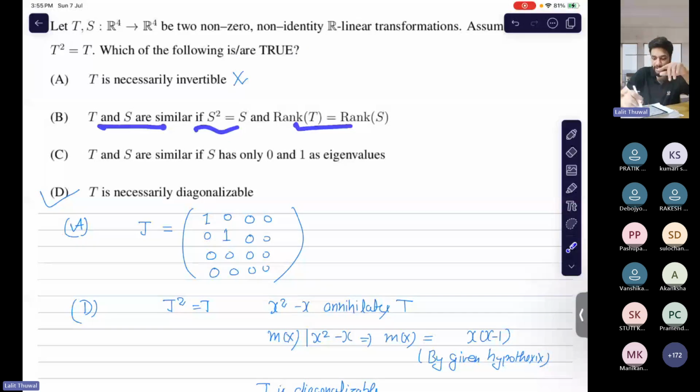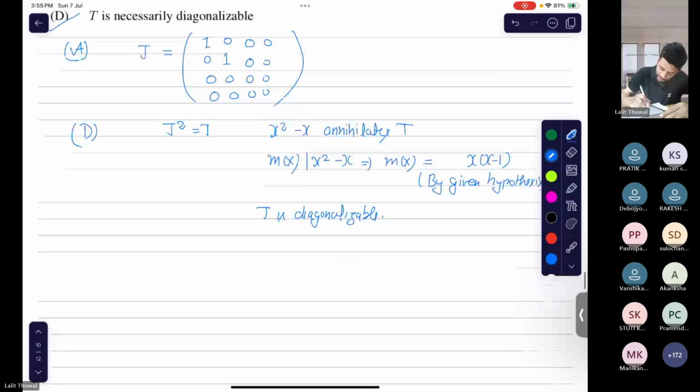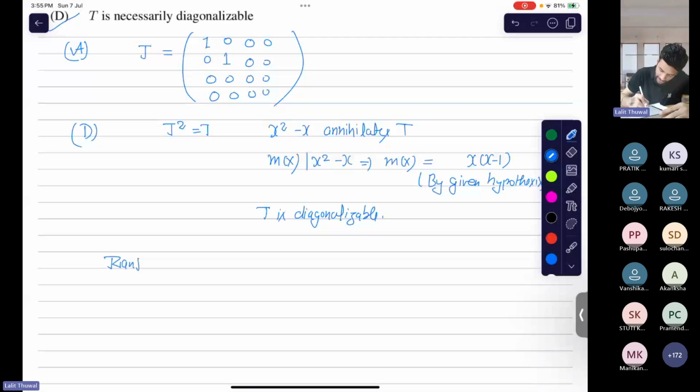T and S are similar if this holds. Okay, let's see. Rank T equals rank S, T squared equals T, and S squared equals S. Let's see if they are similar or not.